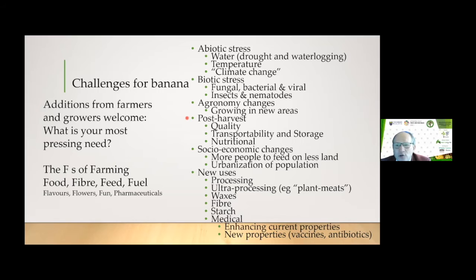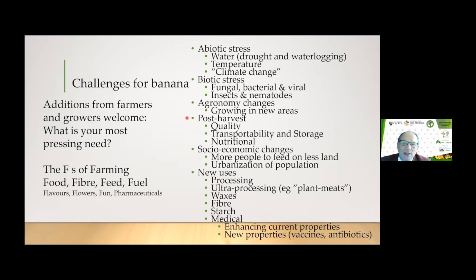Post-harvest is incredibly important, and increasingly so. Still in Asia and Africa, there's increasing urbanization of the population. The world's population became 50% urban about 25 years ago, and in the last couple of years, the African population has become largely urban.